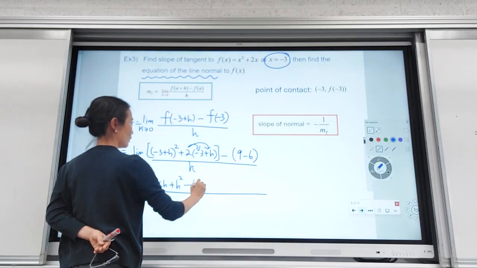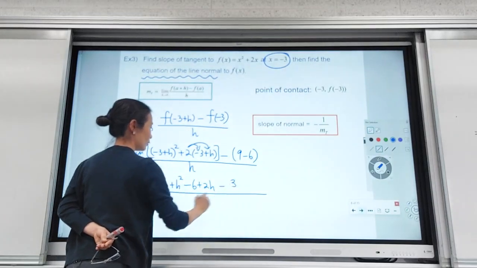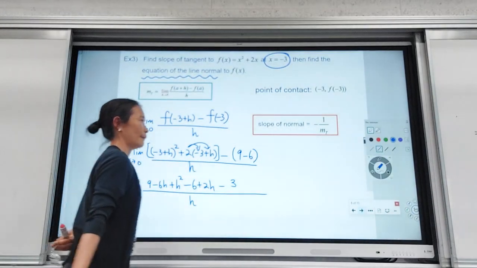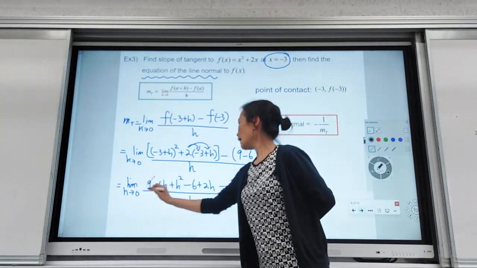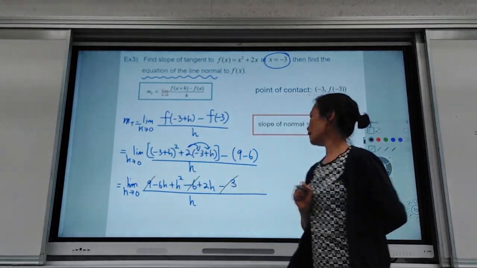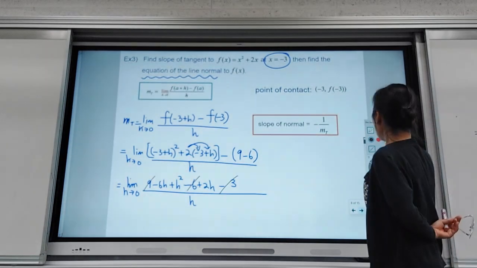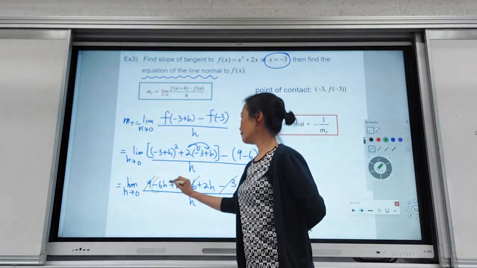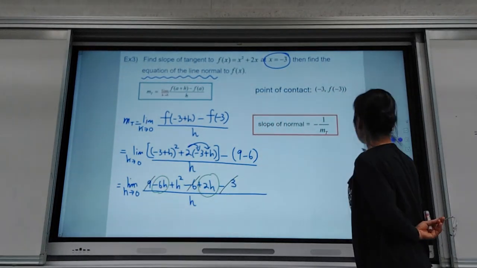Minus 6 plus 2h minus 3. Let's see what we can cancel. 9 minus 6 minus 3, that's canceled, right? I'm going to combine like terms. So what's left here?